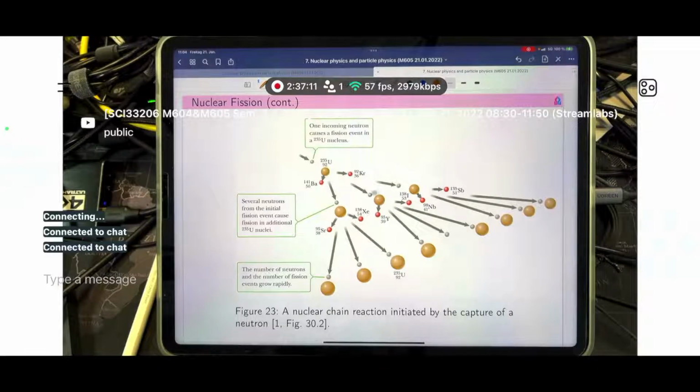It's a chain process because in each disintegration process there are some emerging neutrons. One incoming neutron causes a fission event in uranium-235. Uranium-235 is a major fuel for us.